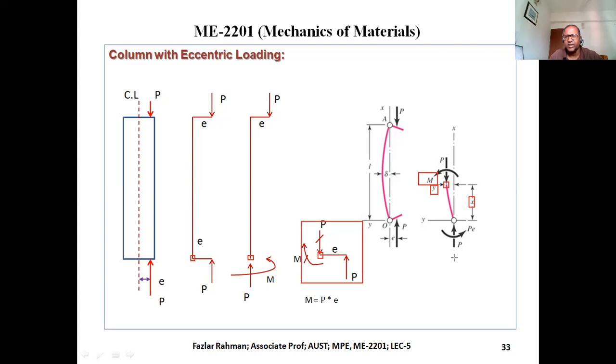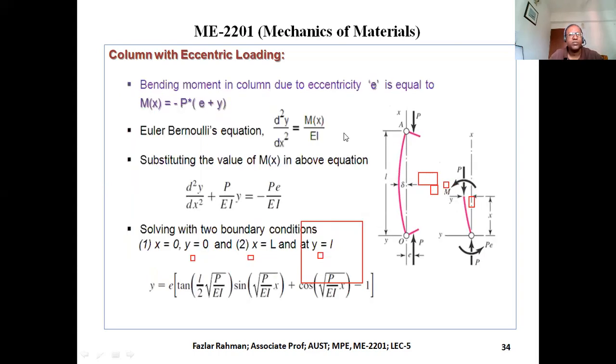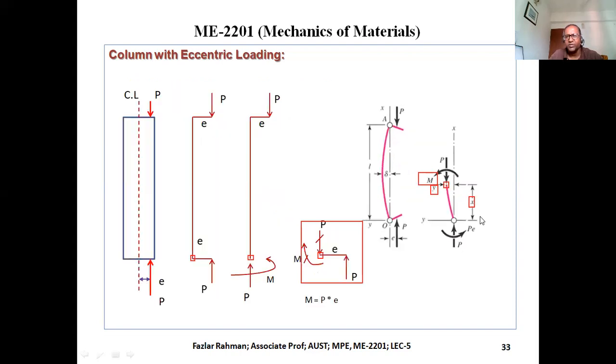This force working upward, so there will be an equal and opposite force of P. Now, we don't know what will be the value of the moment, so we say only M. Then taking moment over here, we try to figure out the value of M.